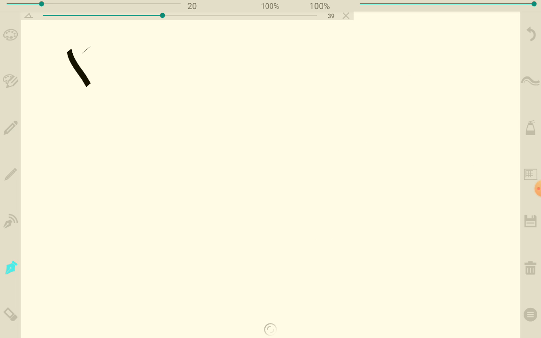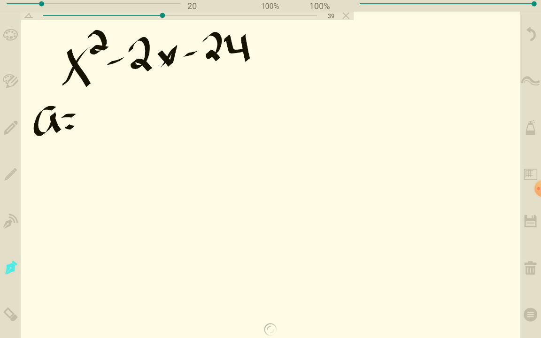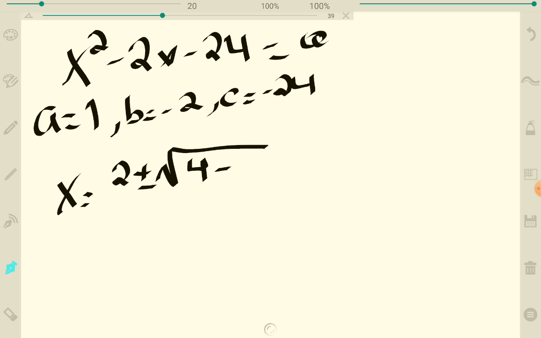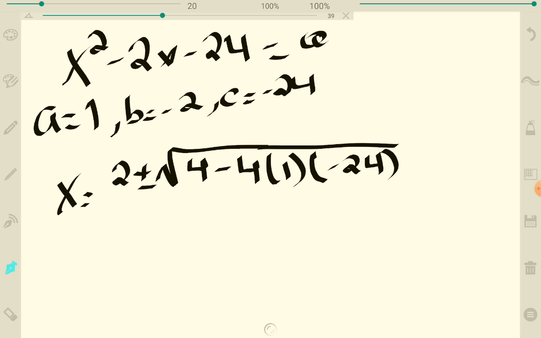Next problem, we're going to do x squared minus 2x minus 24. A equals 1, b equals negative 2, c equals negative 24. And when we plug these into our equation, we get x equals 2 plus minus the square root of negative 2 squared, which is 4, minus 4 times a times c, which is negative 24, divided by 2 times 1.